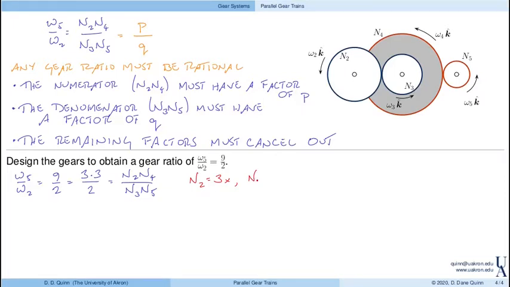N3, well, I'm going to let that have the factor of 2, right? So it's 2 times some number, and again, v to be chosen later. N4 is going to have the other factor of 3. And N5 is going to be chosen later.